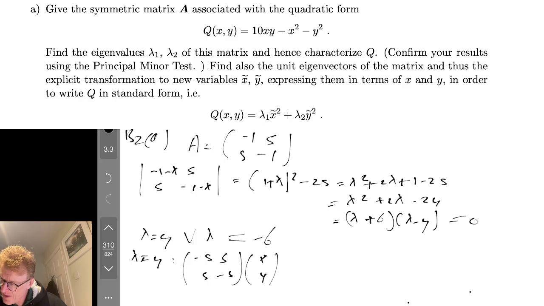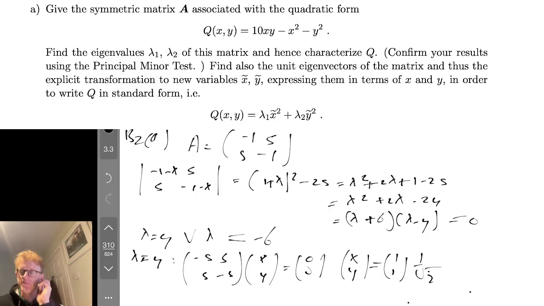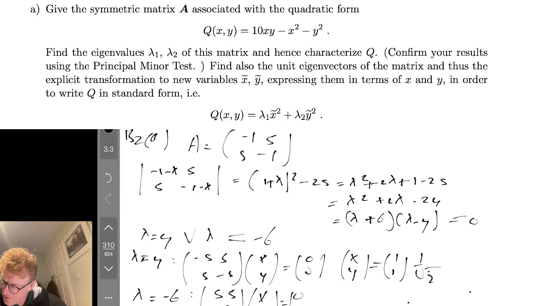eigenvector xy is 0, 0. So xy is 1, 1 over square root of 2. Lambda is minus 6. It's 5, 5, 5, 5 times xy 0, 0.